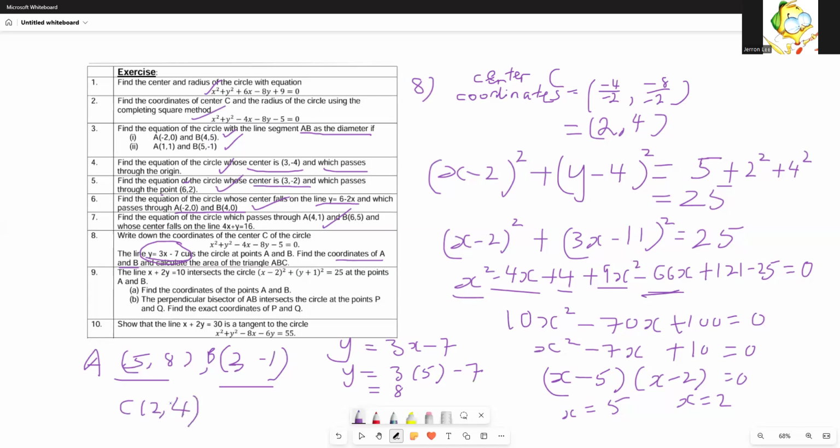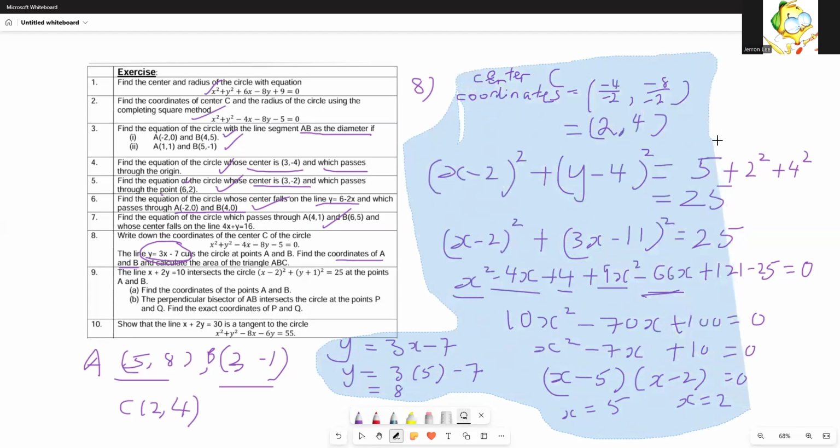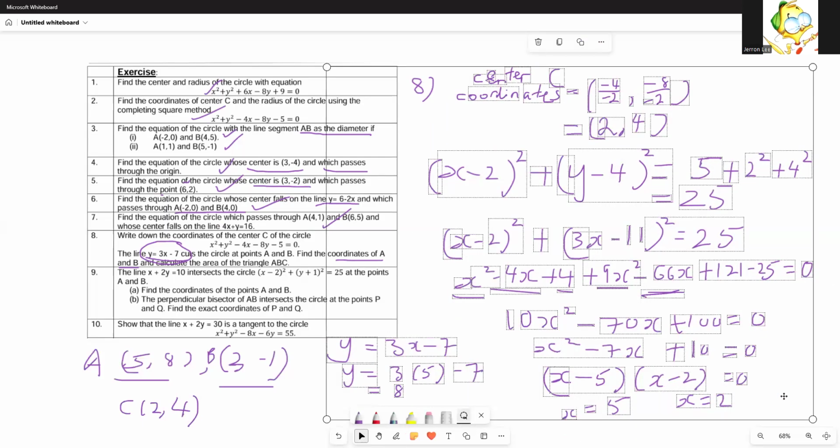So now, having all these coordinates, let's go for the area of the triangle. Now, how do you do that? Now this is part of what I shared with you guys about the shoelace method. You have to actually use the shoelace method because this triangle might not be along the same plane. It might be, but I do not want you to take too long to think about it.